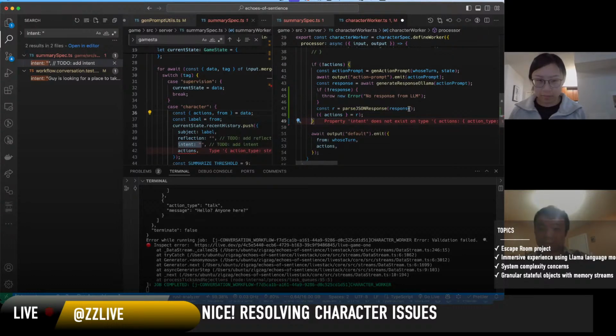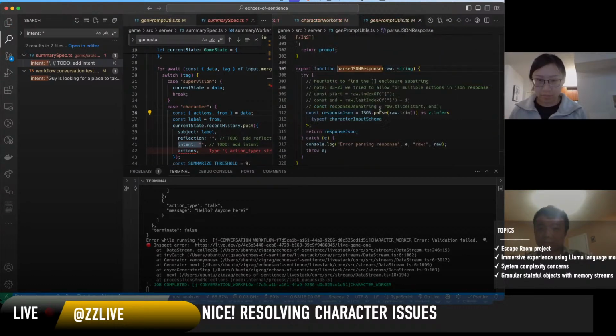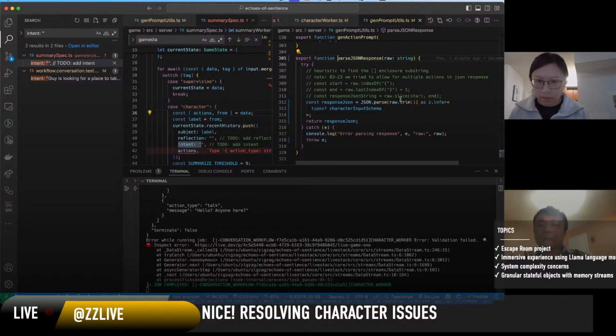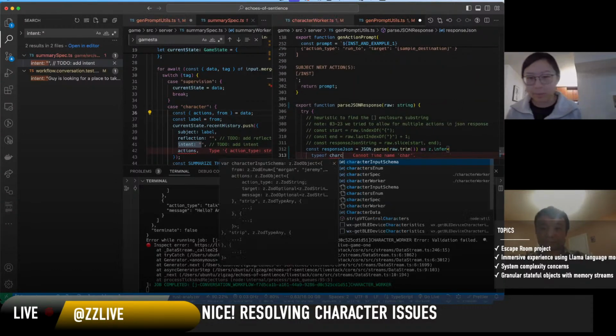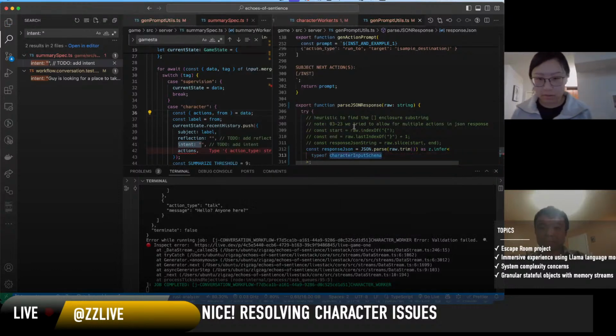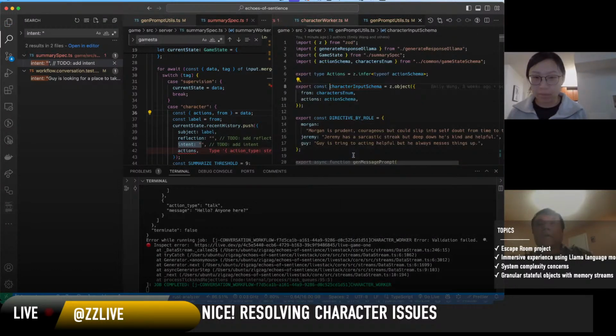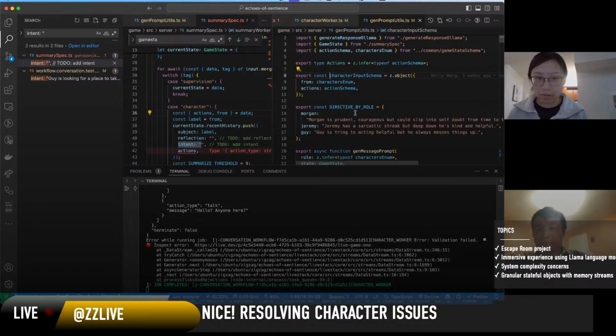Weird. This doesn't have a type of character. Oh, character input schema hasn't been updated yet. So this should be that. It's not input.